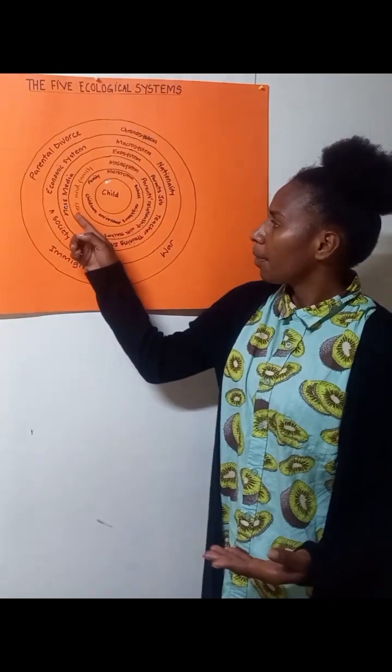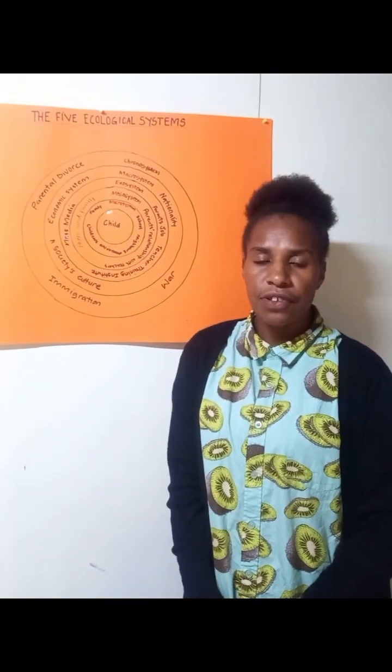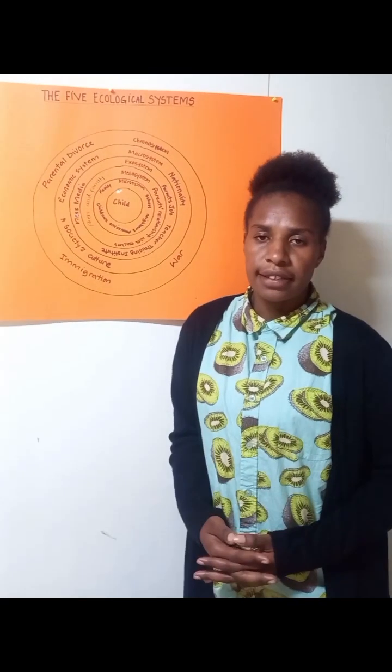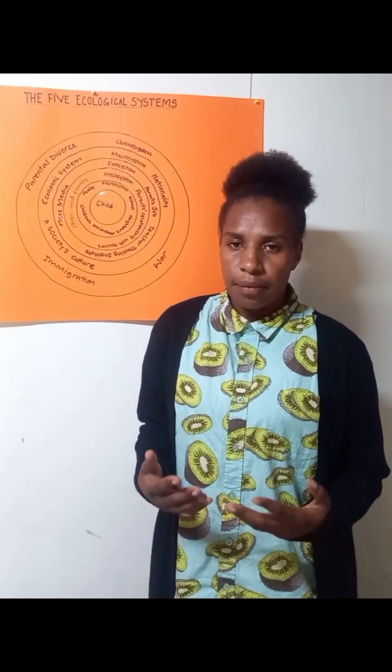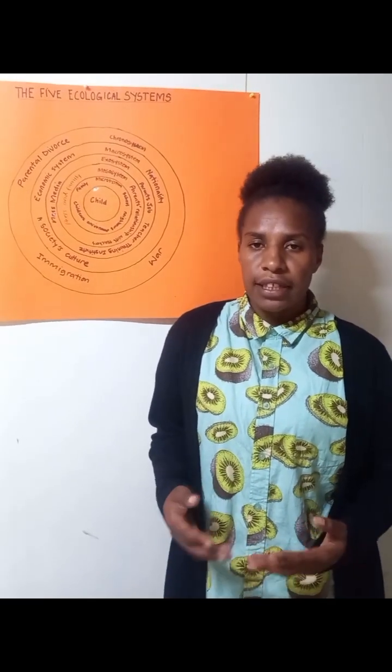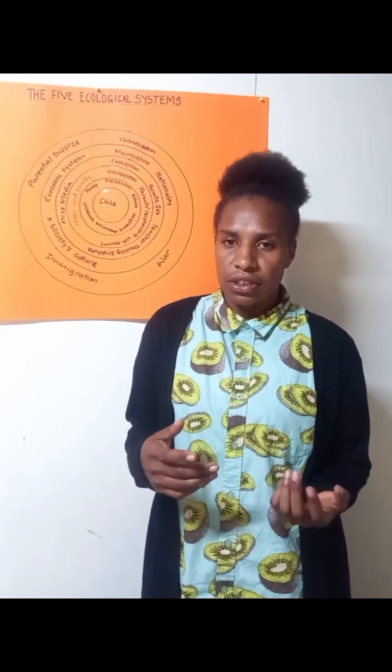The system can also involve the interaction between peers and family. For example, if a child's friends use drugs, this may introduce substance use into the family microsystem. The child's family may not interact well with the child's peers because they know that the child's friends are negatively influencing the child.